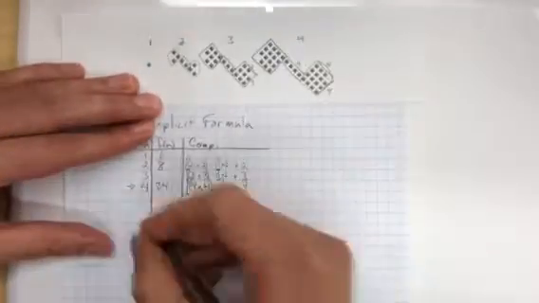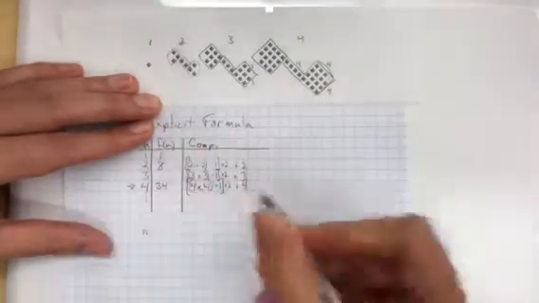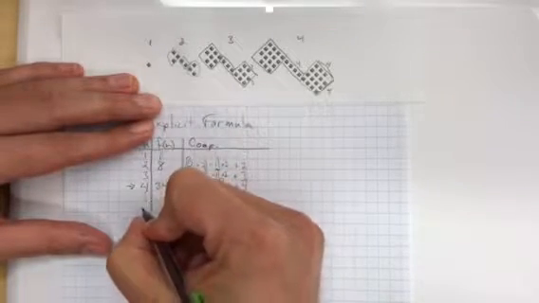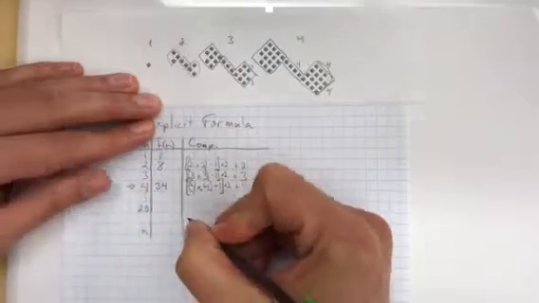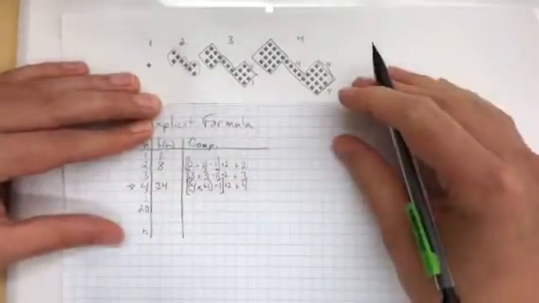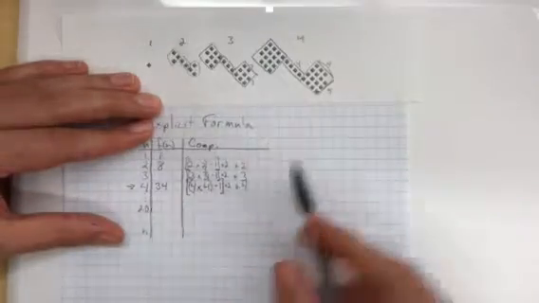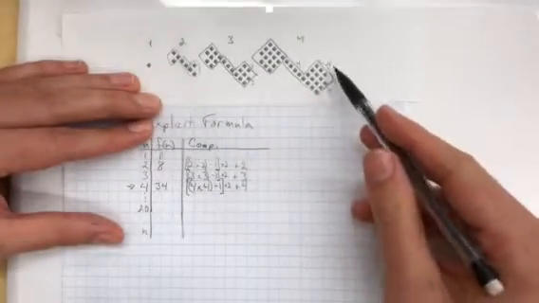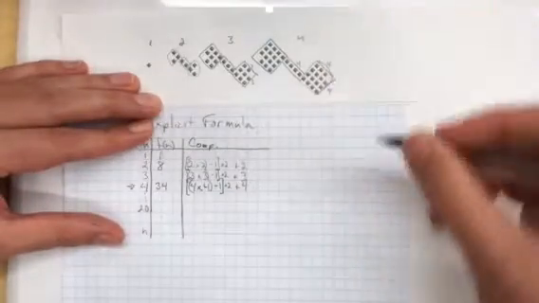Okay, so before jumping to making a generalized formula with n, let's just test ourselves with a big number. We'll do 20. If I had to adapt this, what would the 20th one look like? Well, for the fourth figure, it's 4 by 4. So with the 20th figure, it's going to be 20 by 20, right?